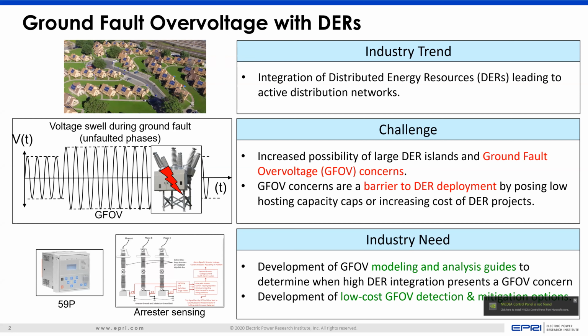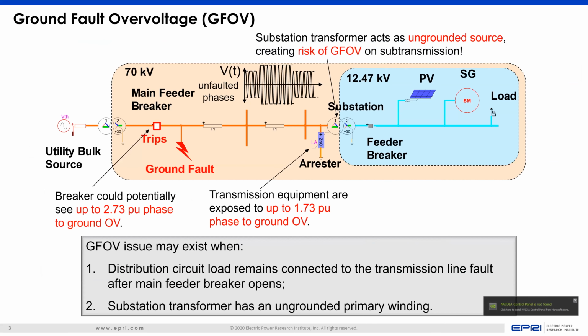And secondly, to develop low-cost GFOV detection and mitigation options. This could range from transformer protection to other solutions, for example, arrester sensing, that we'll briefly talk about. So essentially, the GFOV must be avoided.